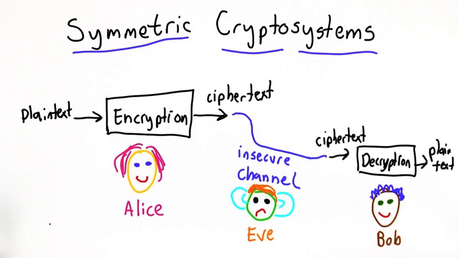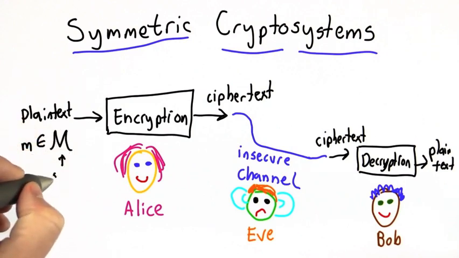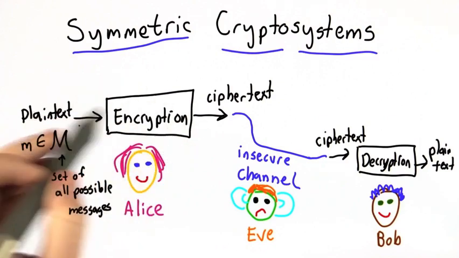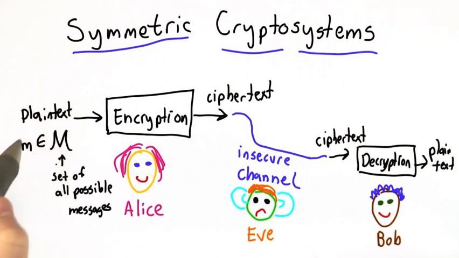But she can hear the ciphertext that's sent over the insecure channel. To think about this a little more precisely, the plaintext is some message, and it's selected from a set of messages. So M is the set of all possible messages, and M could be finite or infinite. For a given length, M is finite, and we'll often be thinking about fixed length messages, so there's a finite set of them, and M is some message selected from that set.